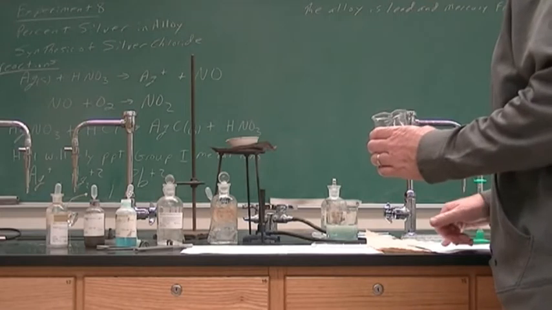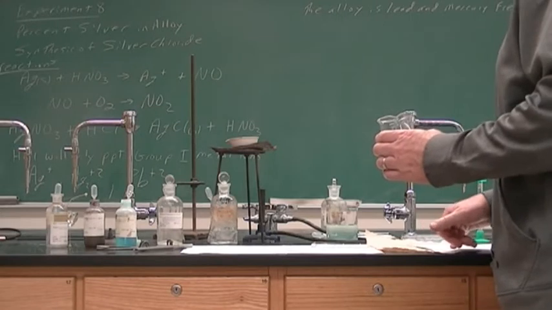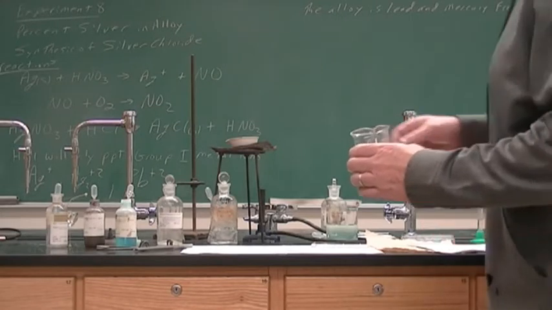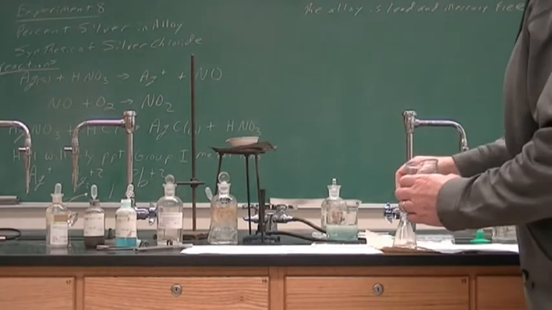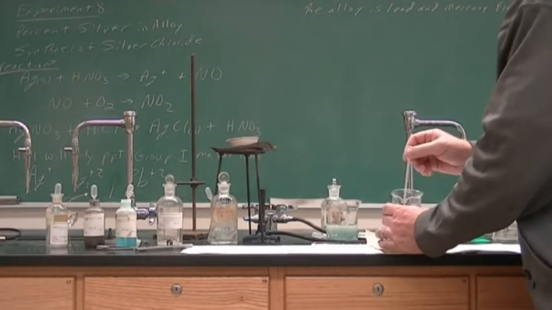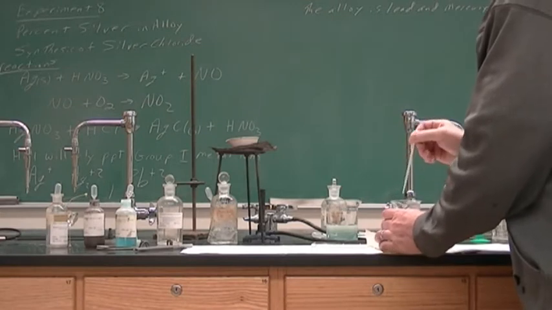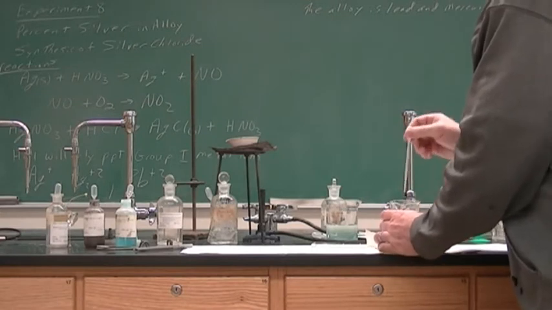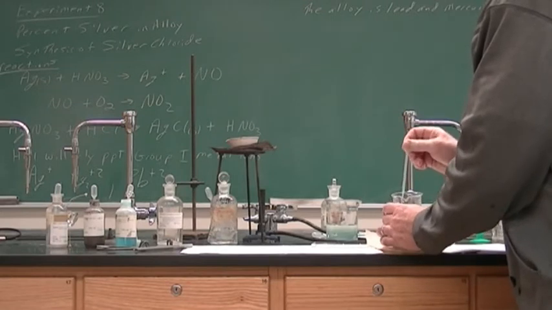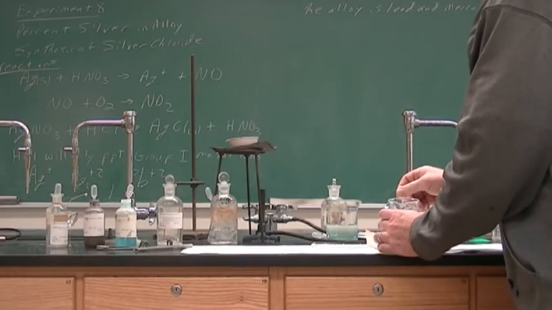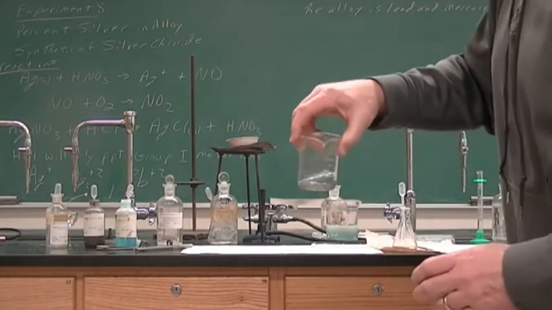All right, so we wash with deionized water, and then we are going to add 5 mils of ammonium hydroxide. So our ammonium hydroxide, we will add that. Okay, so we have our ammonium hydroxide.